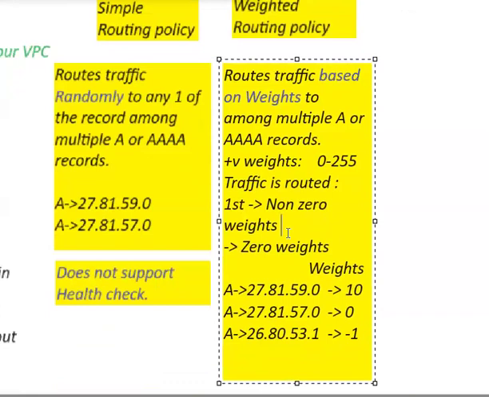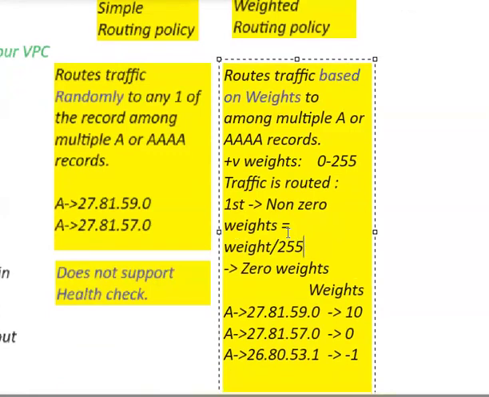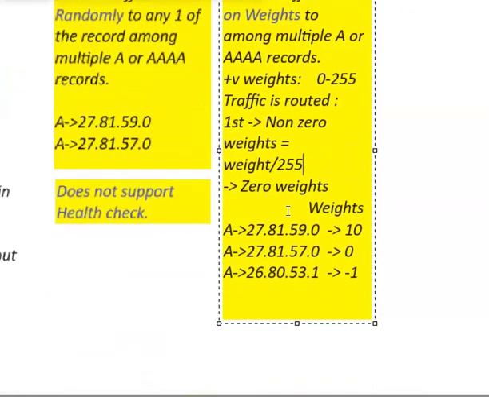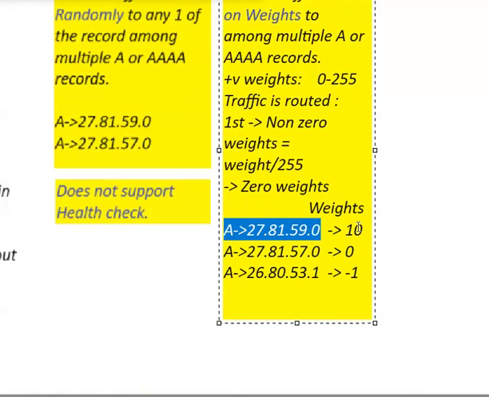How it will be routed is based on the weight. Based on the value that you specified, that many requests will be sent to that record. Here you can see 10, which is the highest positive value, so this will get a higher number of requests. More requests will be sent to this first A record because it has the weight of 10.